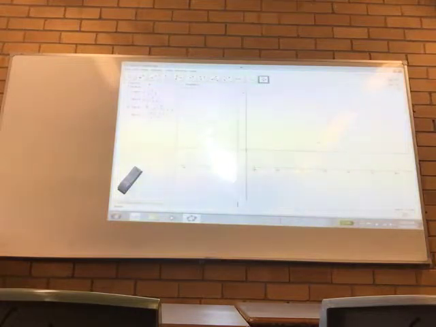Okay, any vertical asymptotes? Yeah, that one. Or no? Actually, this might be an asymptote here. Isn't there a thing to show the asymptotes?